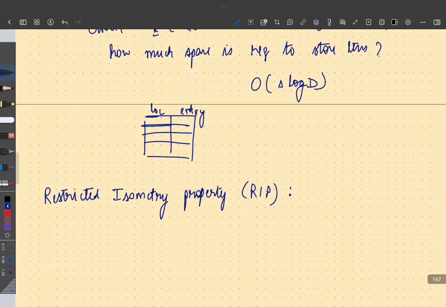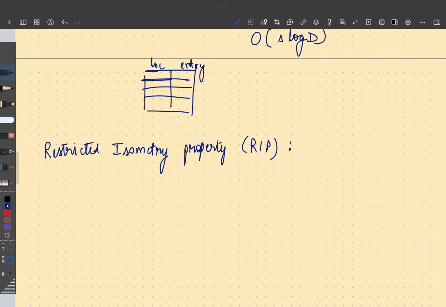For this, we'll look for matrices A which are almost an isometry, in the sense that you take any vector x, or a sparse vector in this particular case, and after taking the linear transformation, the norm of the vector doesn't change by too much.